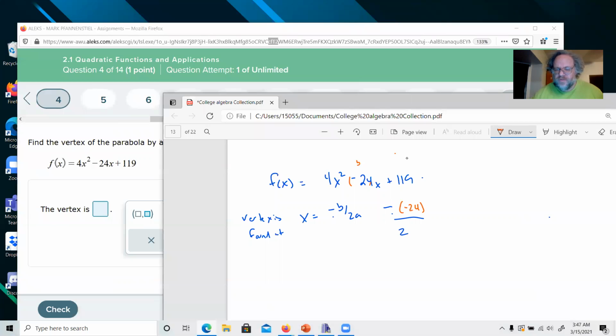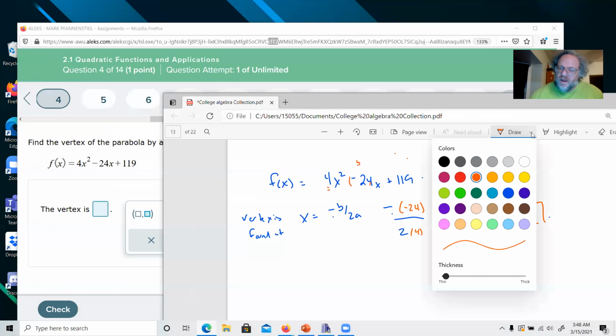That's where that's coming from. So negative and negative, that's going to be a positive 24, divided by 2 times 4, that's going to be 8. And we end up with x equals 3. So x equals 3 is the x part of that vertex.